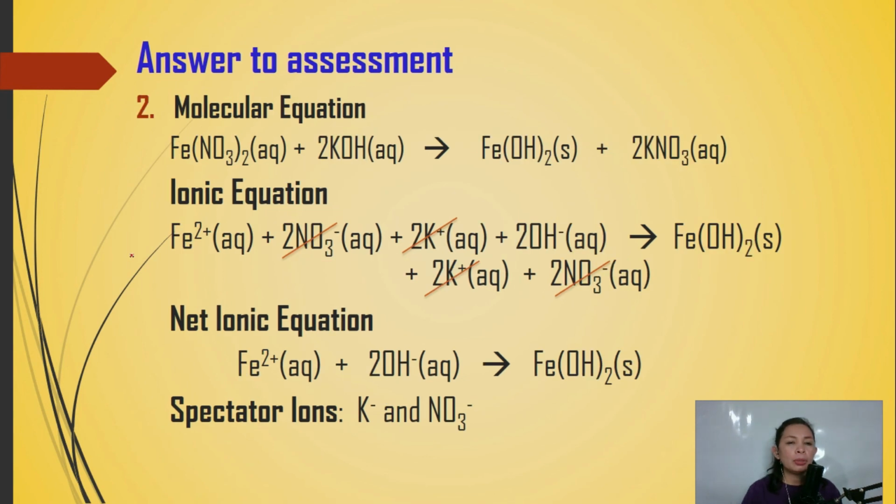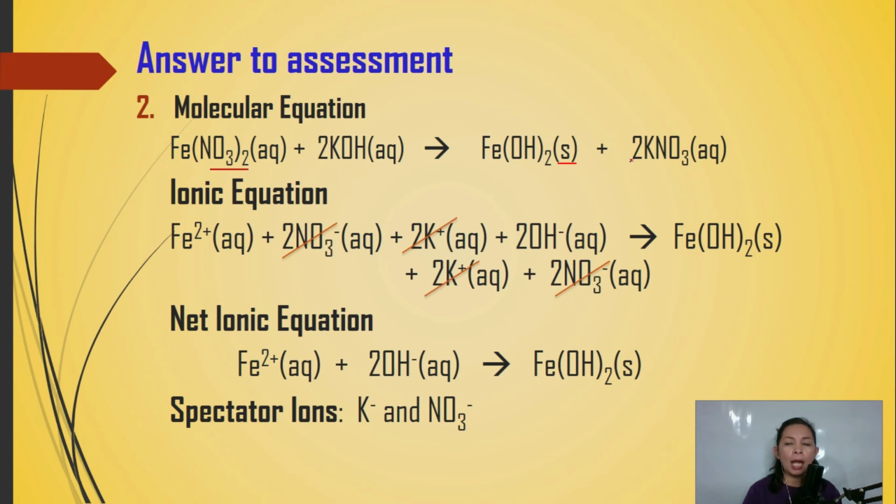Then number 2, we have reaction of iron nitrate and potassium hydroxide, and it will form iron hydroxide and potassium nitrate. So potassium nitrate is soluble because of the nitrate ion and potassium ion, while iron hydroxide will be insoluble. To balance the equation, we have here 2 ions of nitrate.